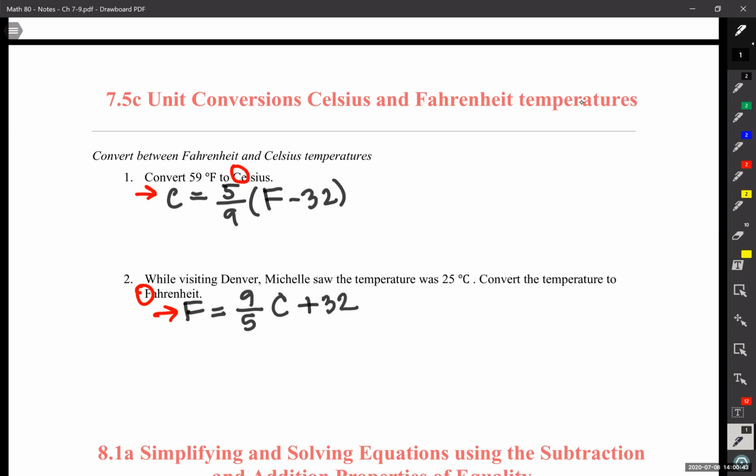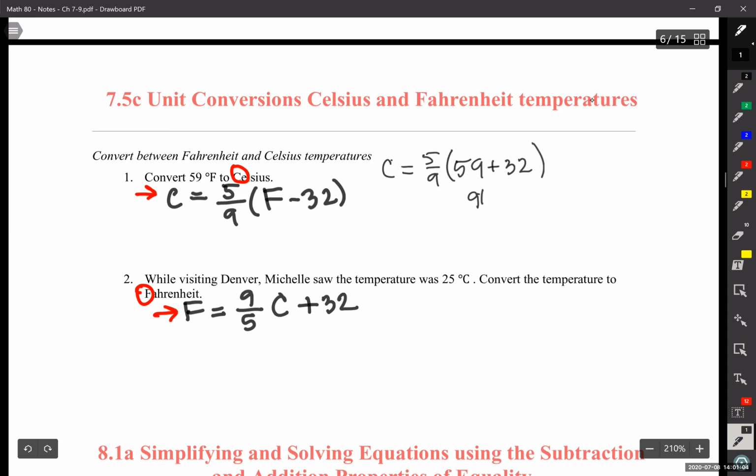So first off, 59 degrees Fahrenheit. So I say C equals 5/9 times 59 minus 32. That's in parentheses. So I'm following the order of operations. I'm going to do the 59 minus the 32 first to get 27 in parentheses.